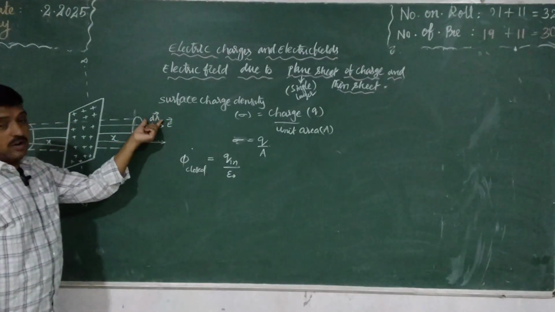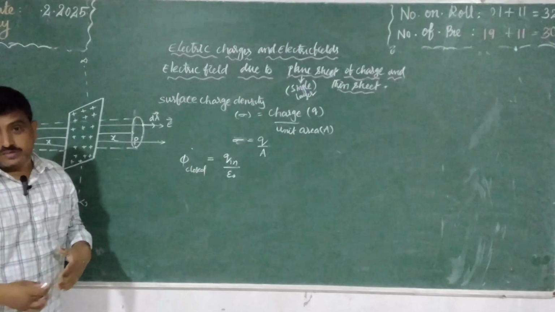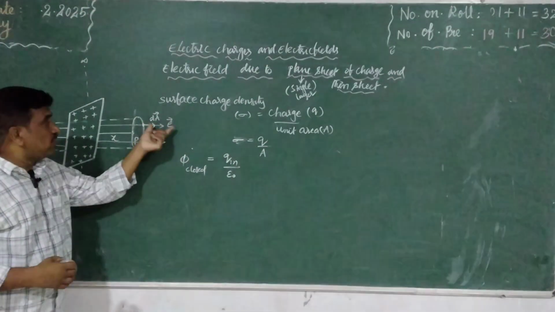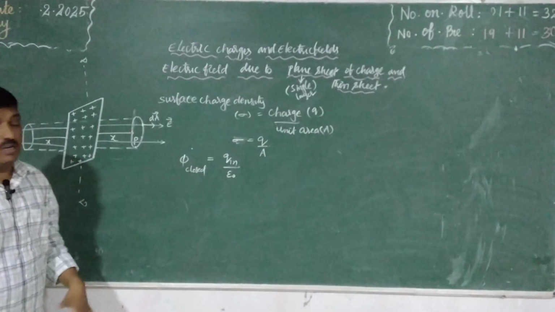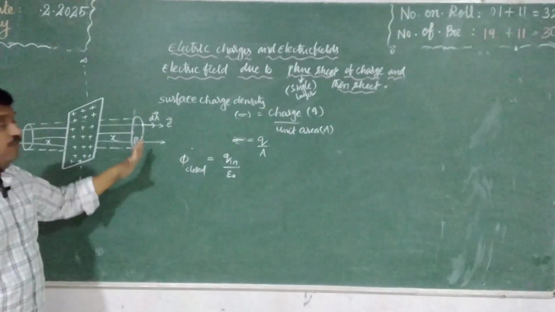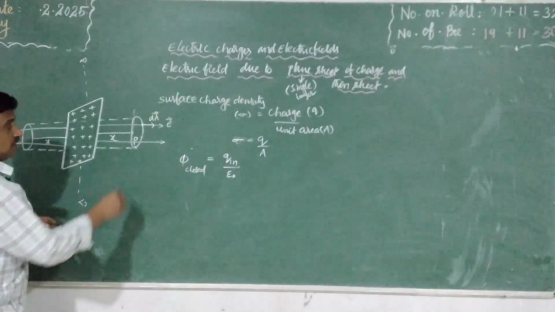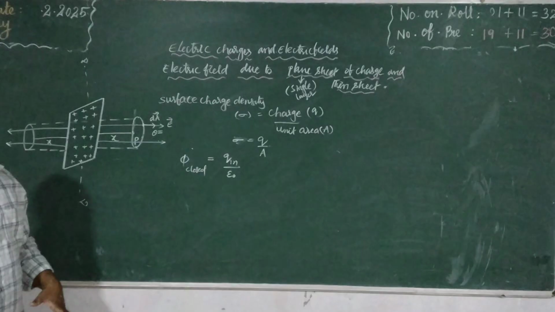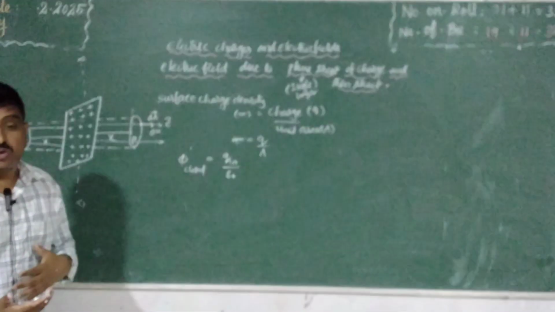Between these two there is some angle, and that theta is always the same at every point on the Gaussian surface, either 0 or 90 degrees.